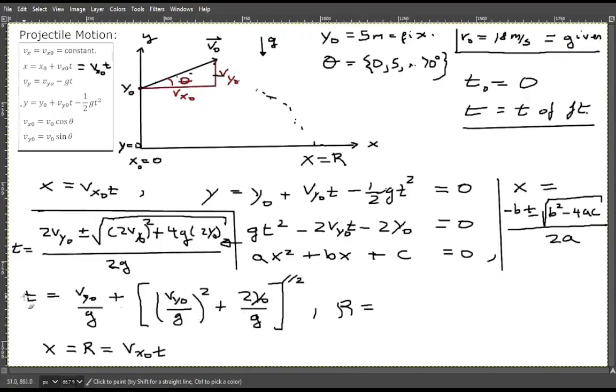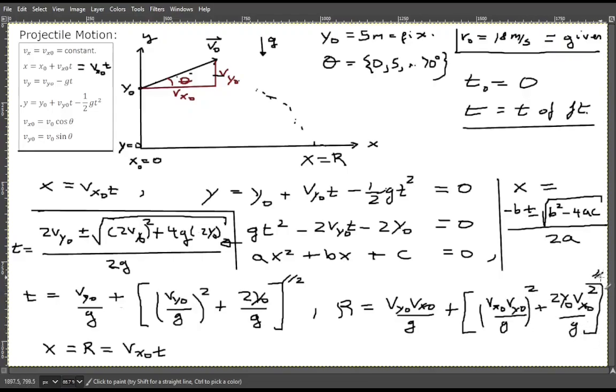I could just multiply both sides of this equation by vx0, and I'll get vy0 times vx0 over g plus, and inside the radical, vx0 has to be squared. Here it's squared. And this all has to be raised to the 1/2 power, or take the square root of all this stuff. And that is the answer. That is the range that we were looking for.